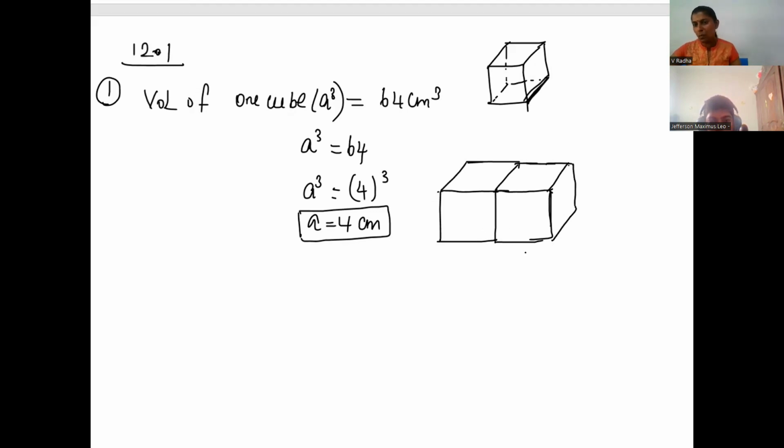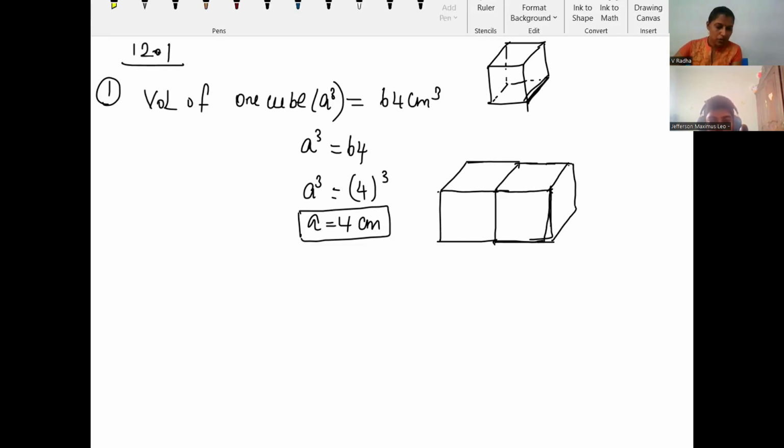All these 3 are visible. Bottom, left side and back side are not visible. Now, this solid looks like what shape? Cuboid. Good. Our question is to find the surface area.